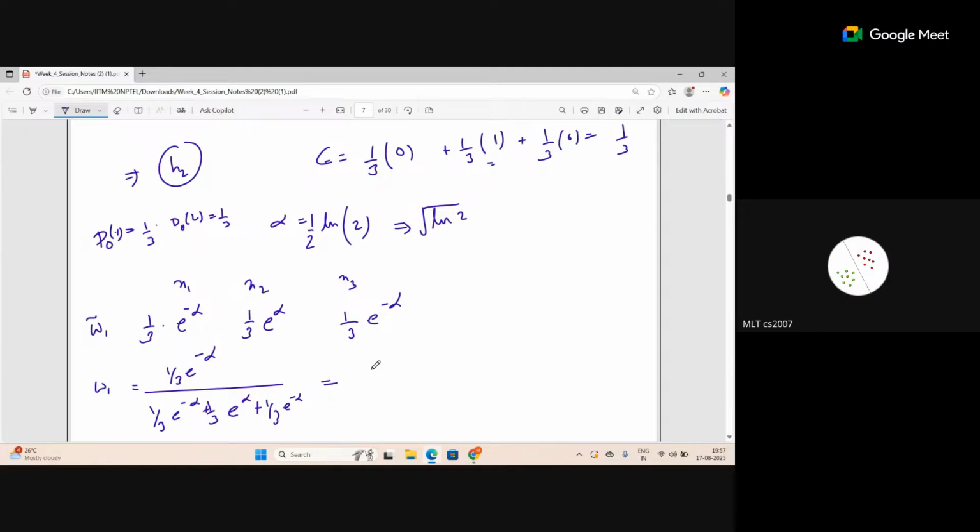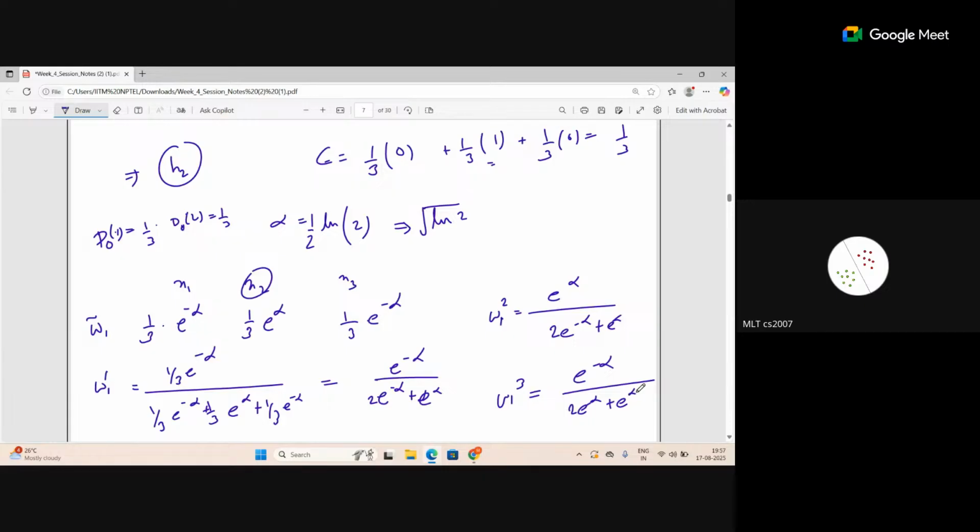So basically 1 by 3 will be common, so it is e to the power minus alpha divided by 2 times e to the power minus alpha plus e to the power alpha. Similarly for x2, what should be the value? W1 of 2 is e to the power alpha divided by 2 times e to the power minus alpha plus e to the power alpha. And W1 for the third point is e to the power minus alpha divided by the same. Fine. Is that okay?